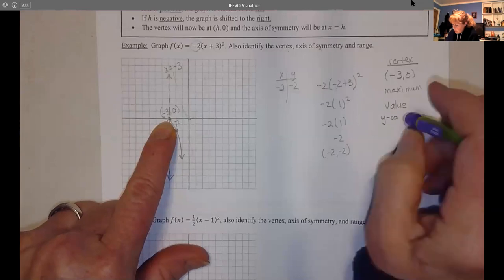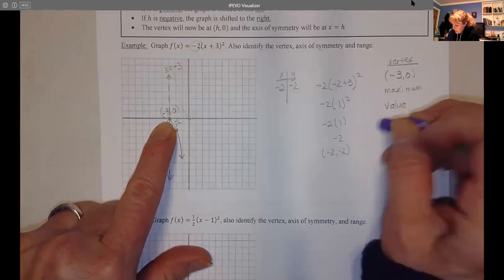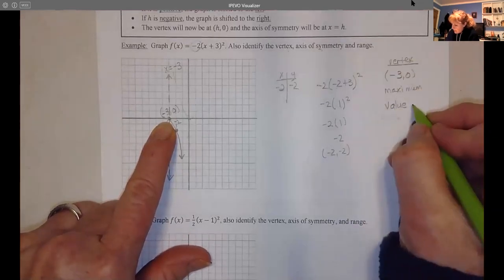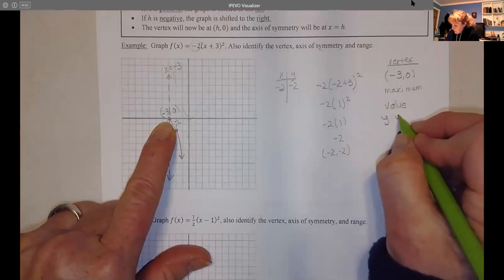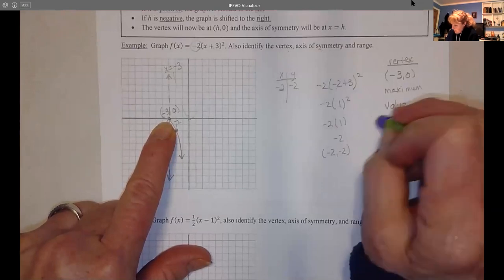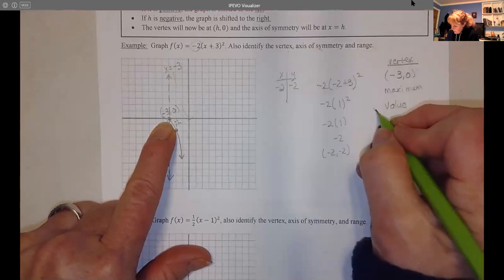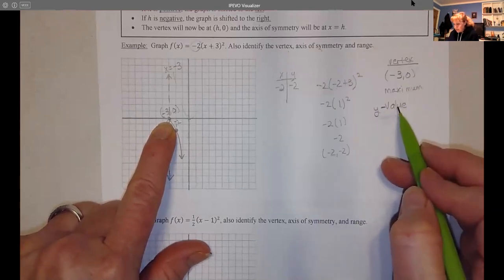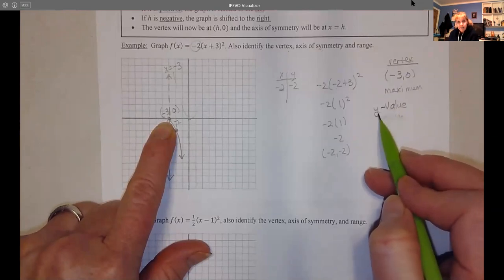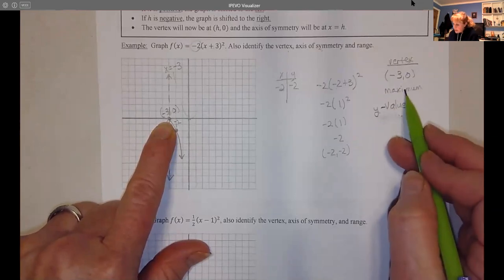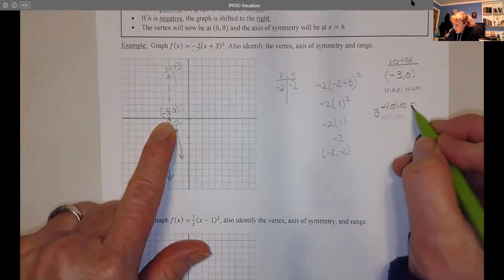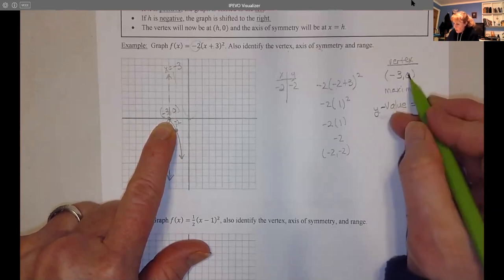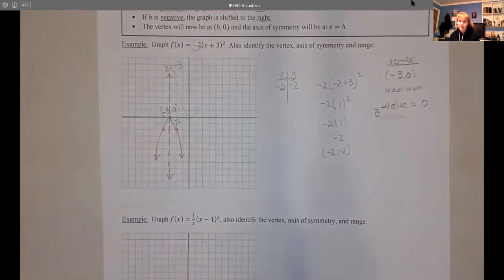I'm running out of room here, so I'll put it up here, sorry. Whenever they ask for a value, they want the y. So the maximum value is 0. It's the y coordinate.